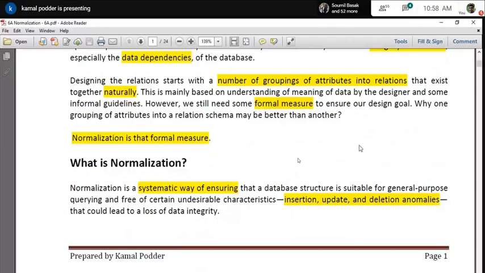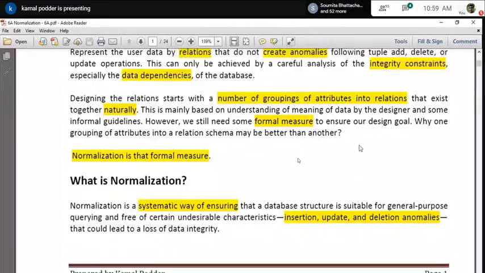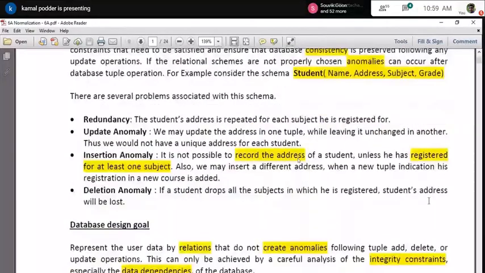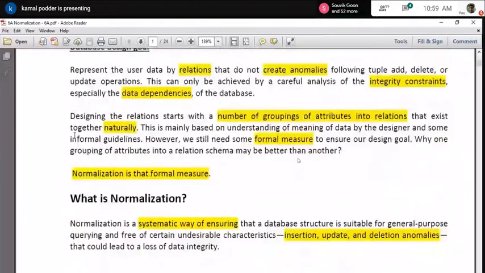Your grade, your subject, that is your information, so you can think of everything as a group. But if you keep everything in one table like this, as I have shown, it can generate a lot of problems. So it is not always wise to just take that natural group and create a table.